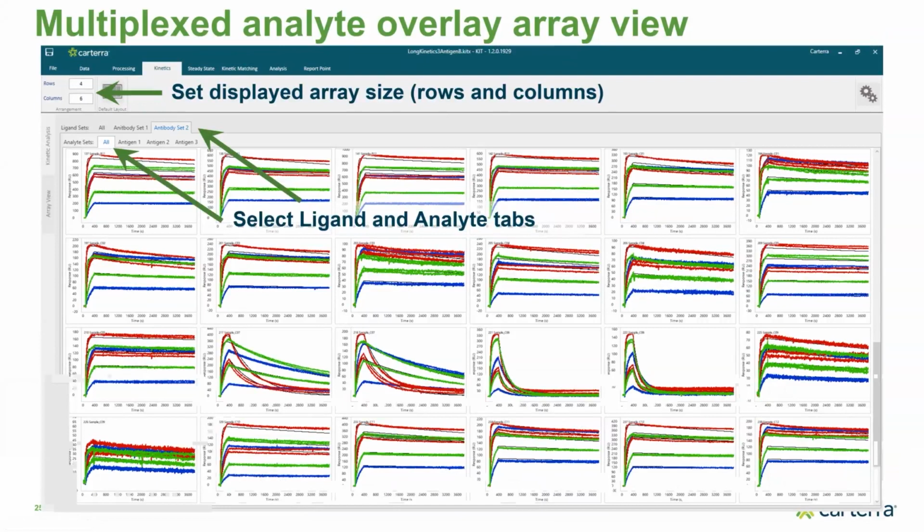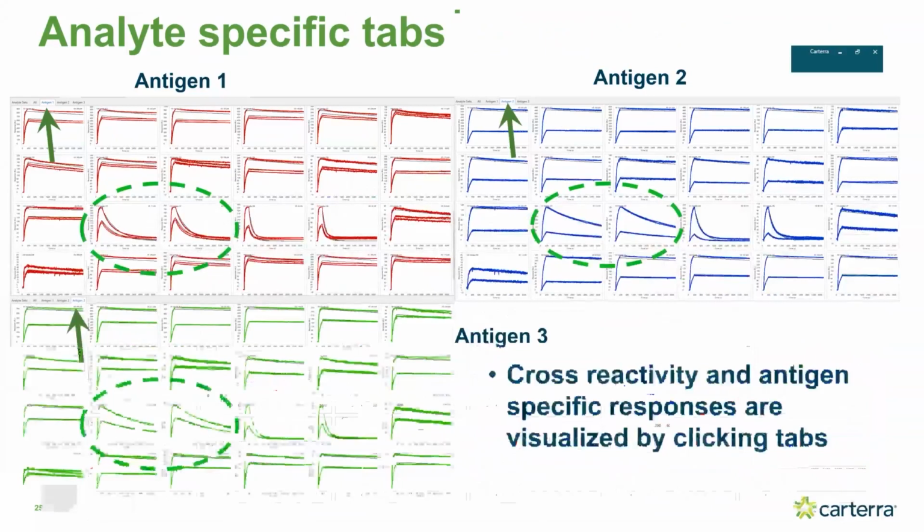Say we're going to click through the antigen tabs now to see how these different antigens compare. If we click on antigen 1, we can see just antigen 1. We're seeing both the raw data, which in this case is the red curve, and then the model fits, which is the black data. Then if you click on antigen 2, you see the blue antigen 2 data, and then antigen 3.